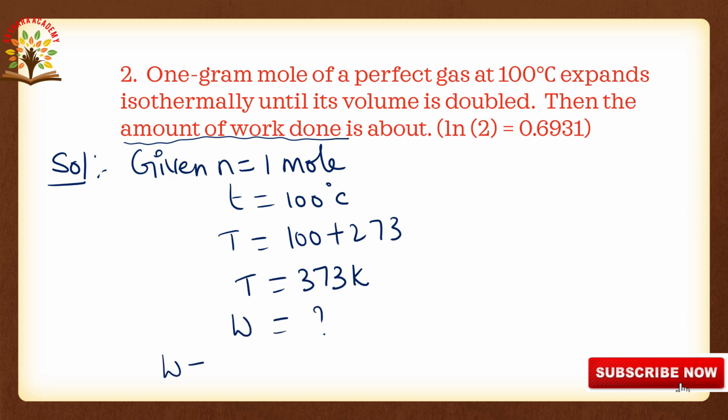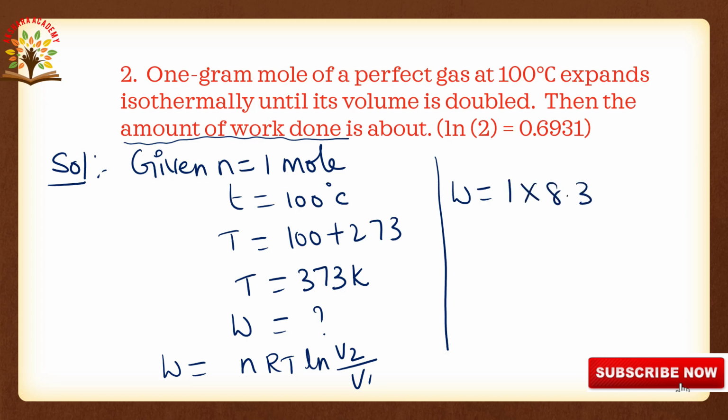The formula for work done is W is equal to nRT ln V2 by V1. Substituting values, in the place of n, 1, R is 8.31 and T is 373, into ln V2 by V1, where V2 is the doubled volume and the initial volume V1 gets cancelled.